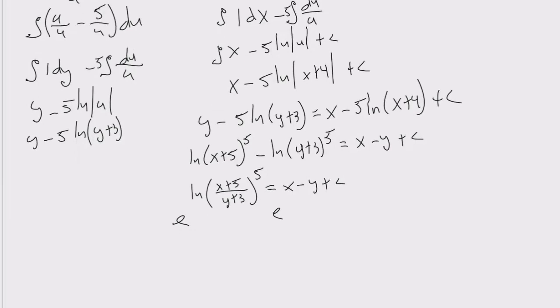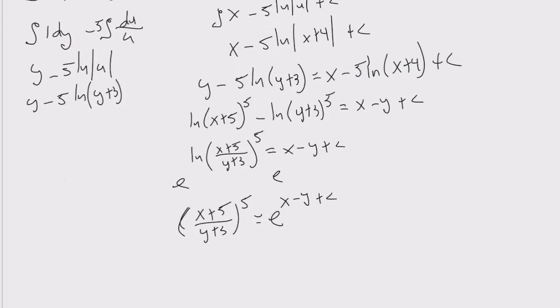which is just going to simplify to give us (x plus 4) over (y plus 3) to the 5th on that side. And on the right side, we have e to the x minus y plus c. And I'm going to do something a little clever with that constant term, because I can convert that into e to the x minus y times e to the c.